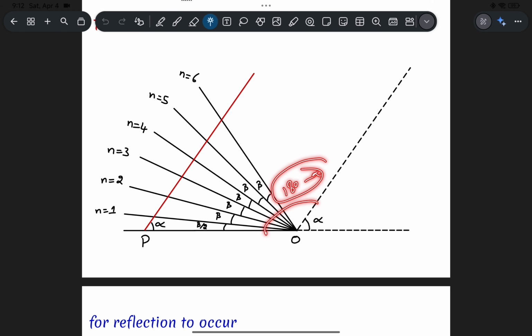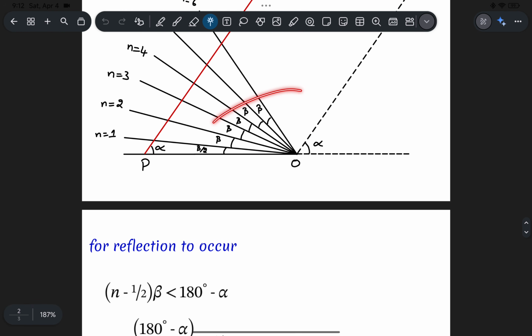And here, if you have n reflections, this full angle is (n minus 1 by 2) into beta, and this must be less than 180 minus alpha if you want a collision to occur. So 180 minus alpha must be greater than (n minus 1 by 2) into beta.